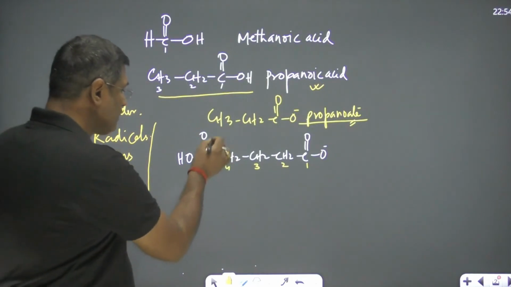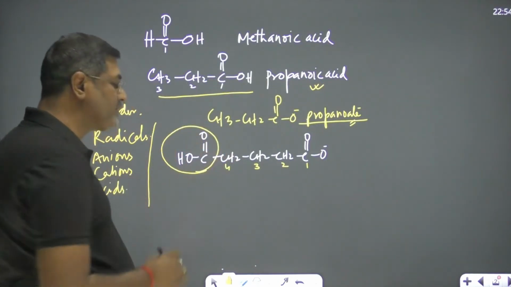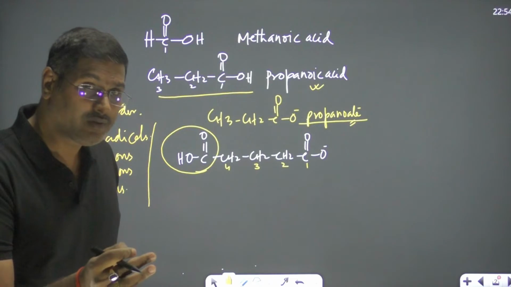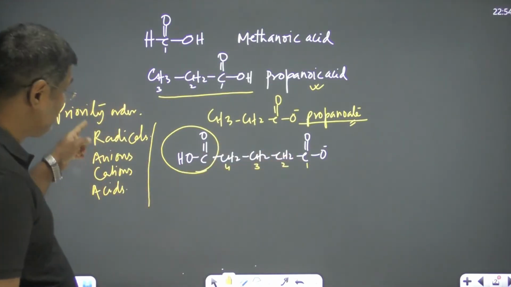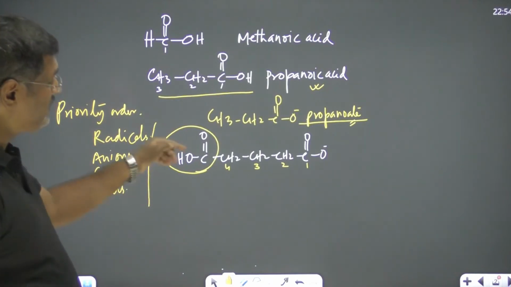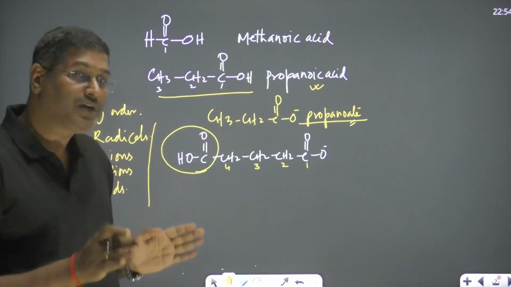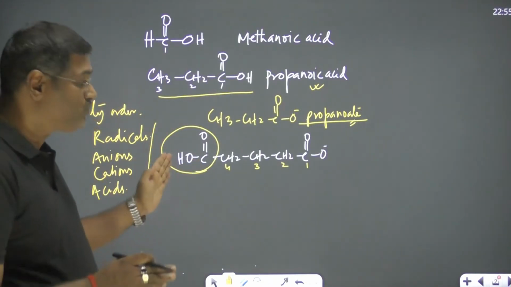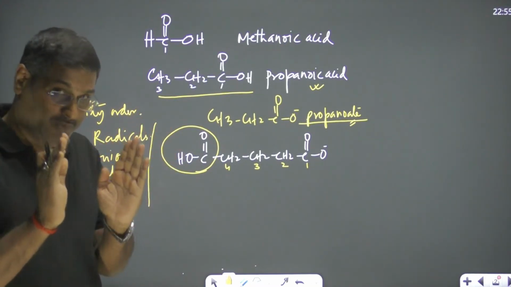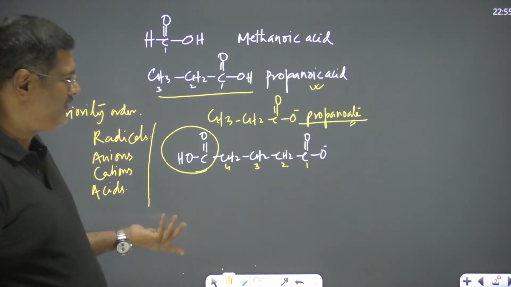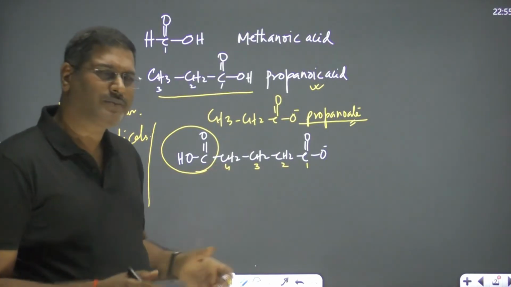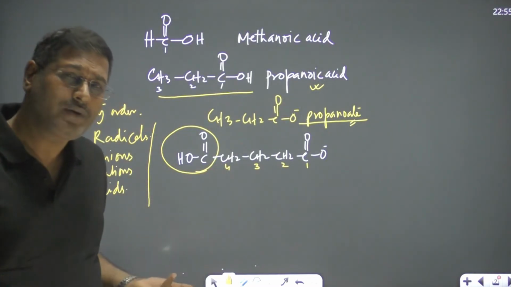And now this one is treated as substituent. This is the prime functional group, higher priority, and this one is lower priority and treated as substituent, and for this we will use prefix, and for this we will use the suffix. Suffix is very clear. This one has 4 carbon atoms, that's why we say butanoate.